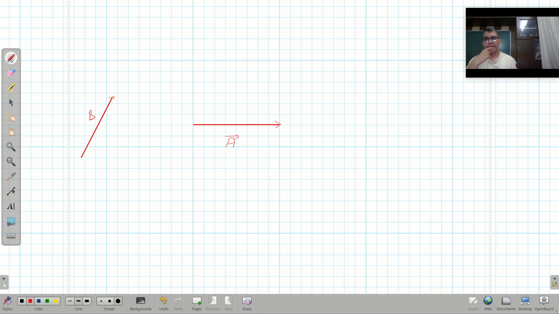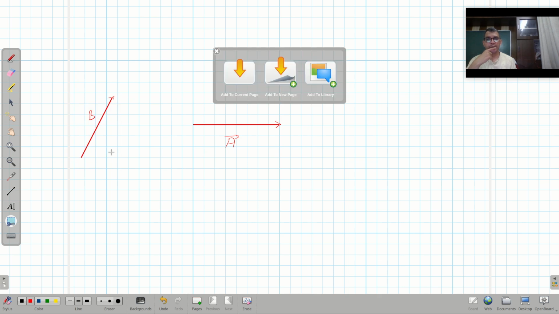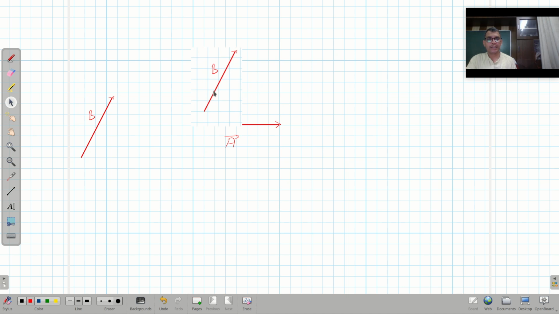So what I will do, I just copied it from here, and say this represents the adjacent side of a parallelogram.